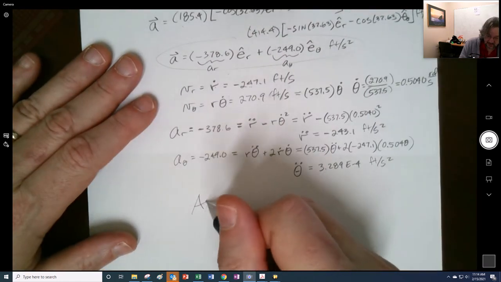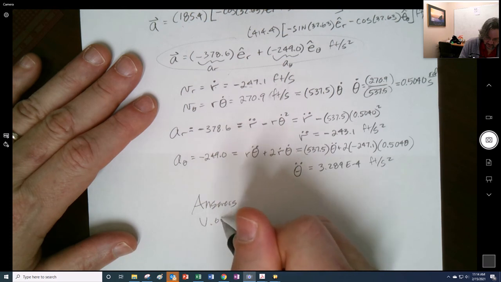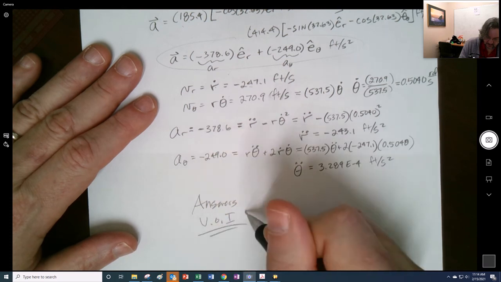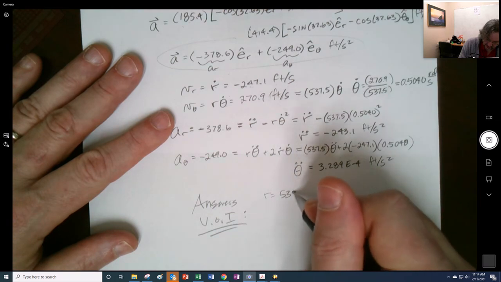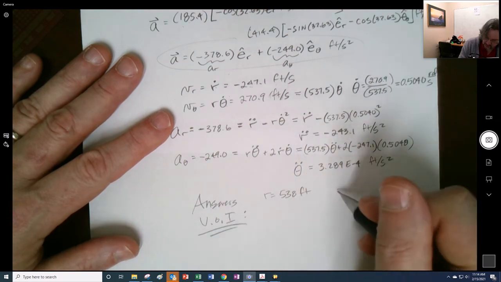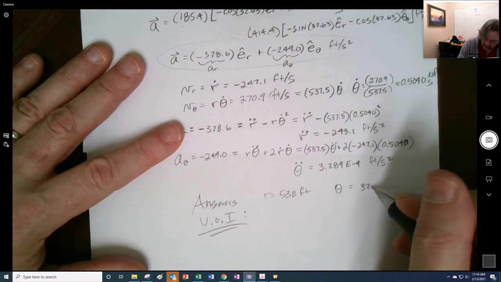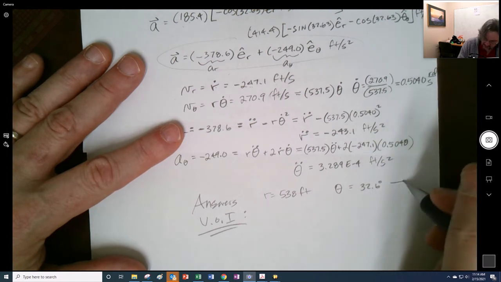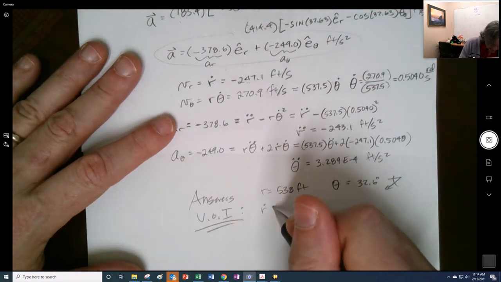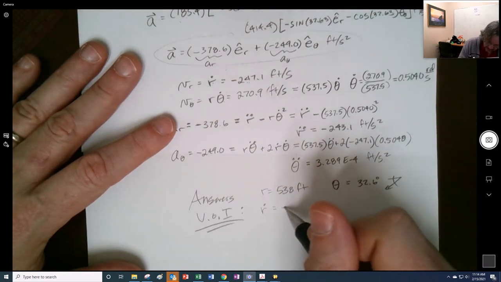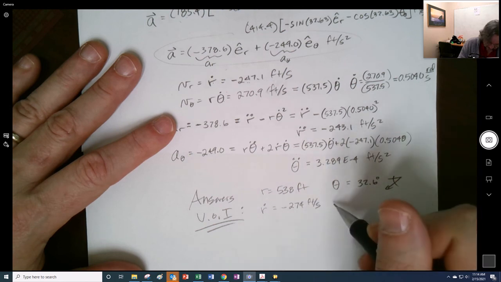So the answers, the variables of interest: r is equal to 538 feet, theta is equal to 32.6 degrees, which is going to be measured that way. R dot is negative 274 feet per second.